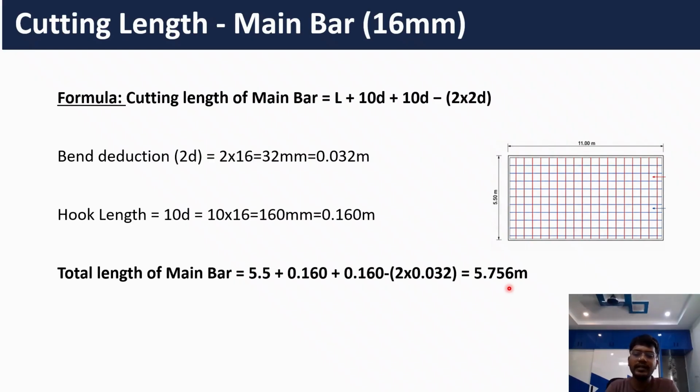If we ignore bend deduction, the bar becomes longer, spacing gets disturbed, concrete cover reduces, and reinforcement becomes inaccurate. This small deduction may look tiny, but imagine 100 or 200 bars. Even a small error creates huge steel wastage. That's why professional quantity surveyors and site engineers never ignore bend deduction.